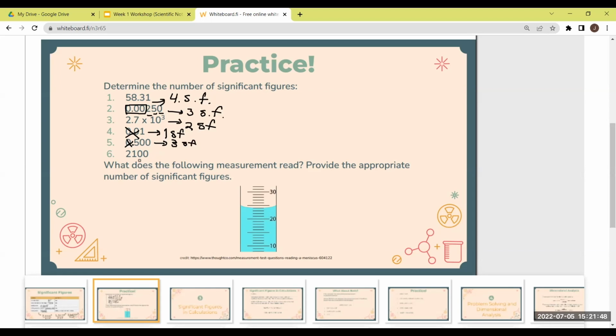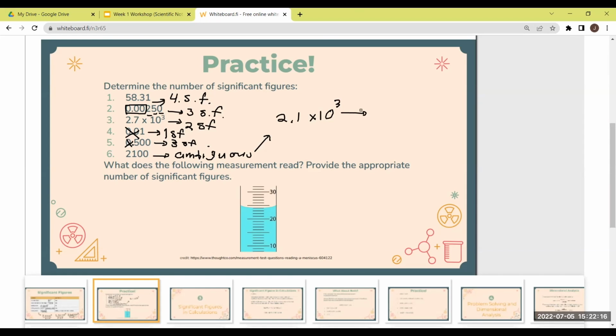And finally, we have 2100. This is going to be ambiguous. So we could actually write this in scientific notation to avoid ambiguity. So we can write this as 2.1 times 10 to the 3.